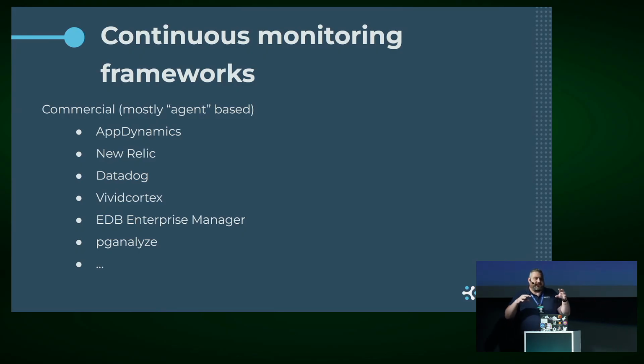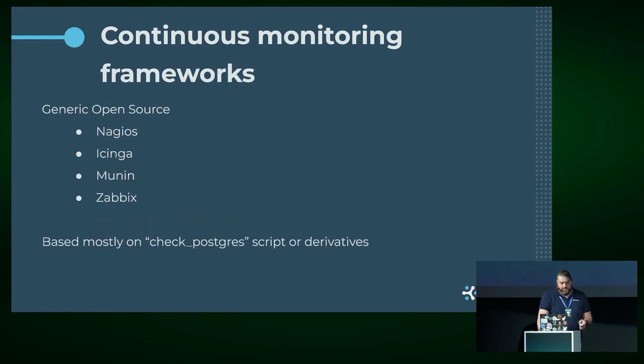That means that something is going to be running beside your Postgres instance and will send the data to the server, right? And of course, support for generic open source frameworks is also there. Most of them are based on check_postgres. This is the old famous script that produces the data and sends it to the frameworks.